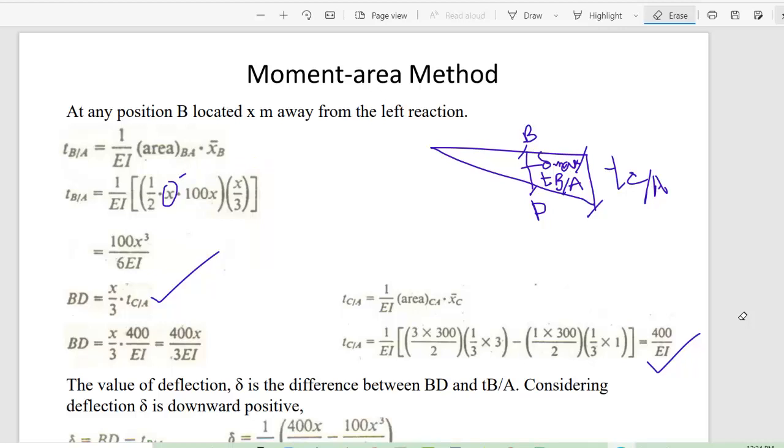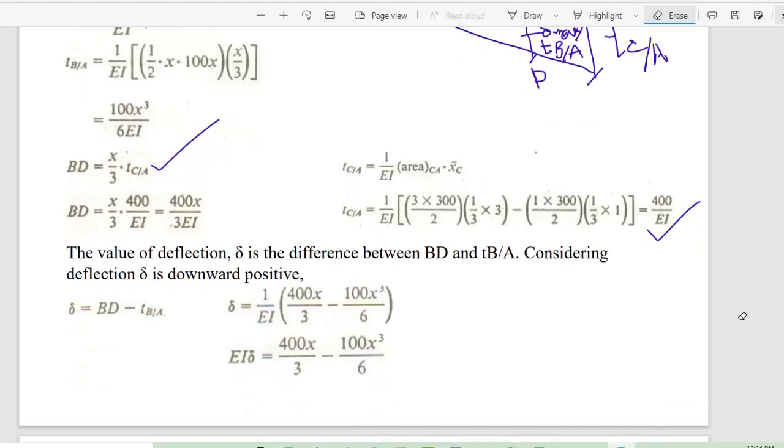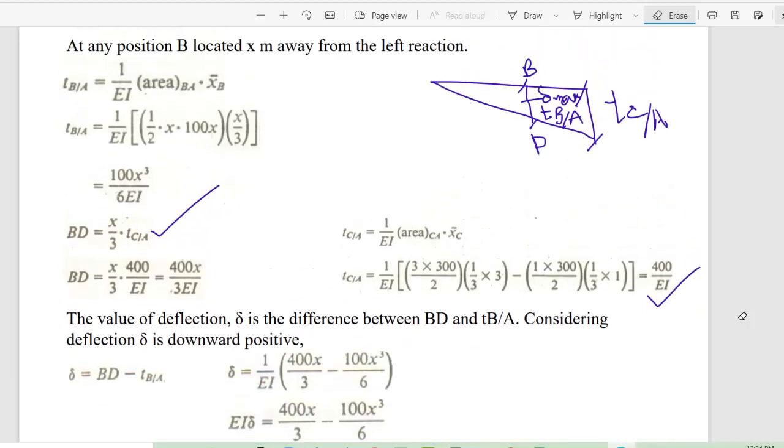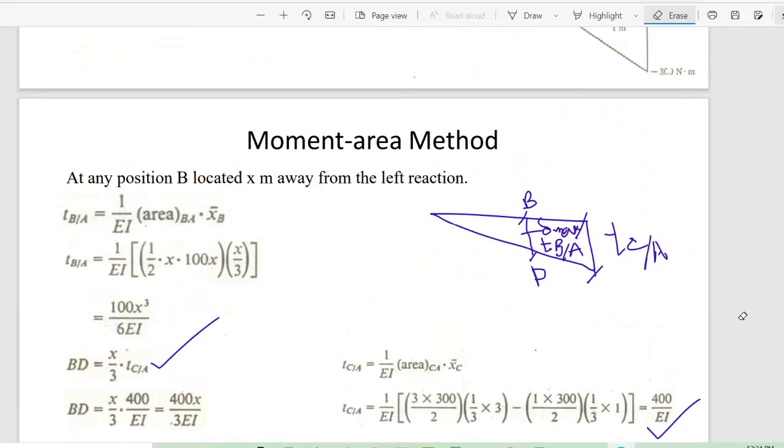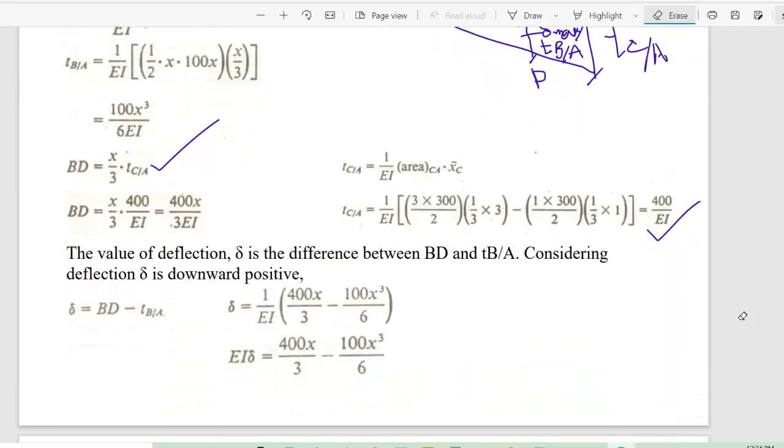I hope we can use the similar technique that we used in the double integration technique. We know that delta should be BD minus theta B by A. That's for sure. From this equation, if the total is BD, and this is delta, and this is theta B by A, then delta should be BD minus theta B by A. You can get an equation like that where only x is unknown.